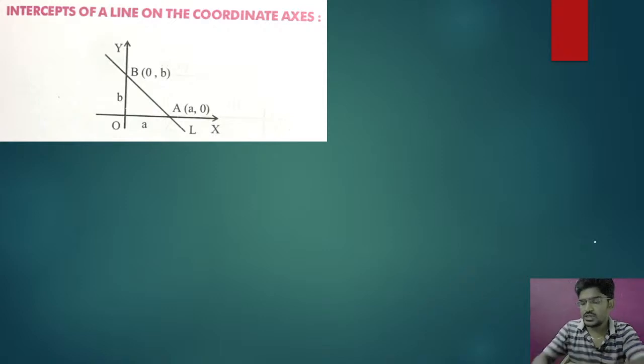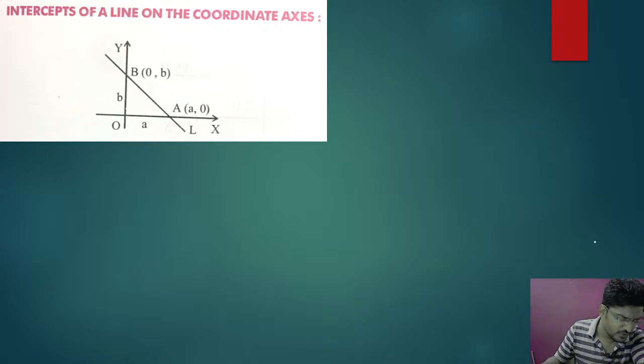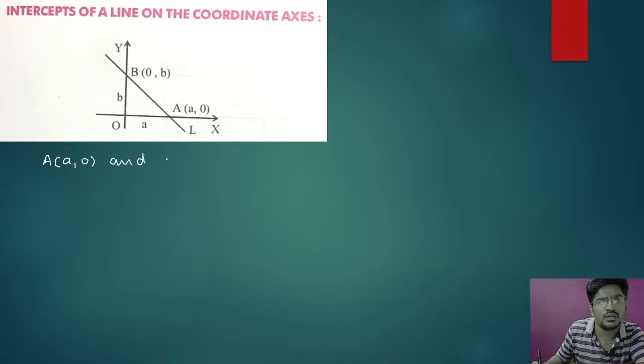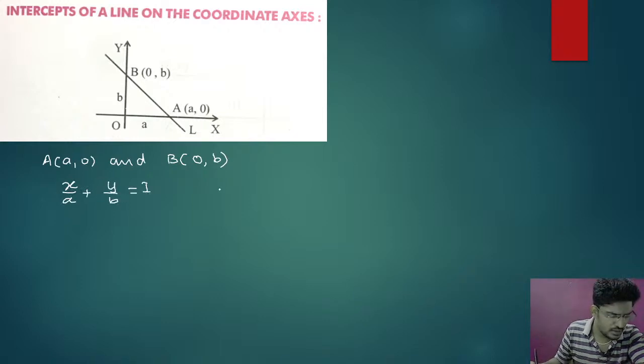Okay, now let us come to the intercept form of the line. So quickly tell me what is the intercept form of the line. Here 2 points are given, A of a comma 0 and B of 0 comma B. Using these 2 points, we can write the equation of line in the intercept form, that is x by A plus y by B equal to 1.